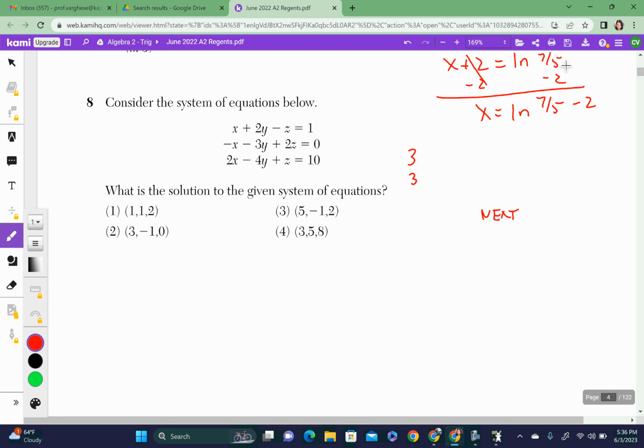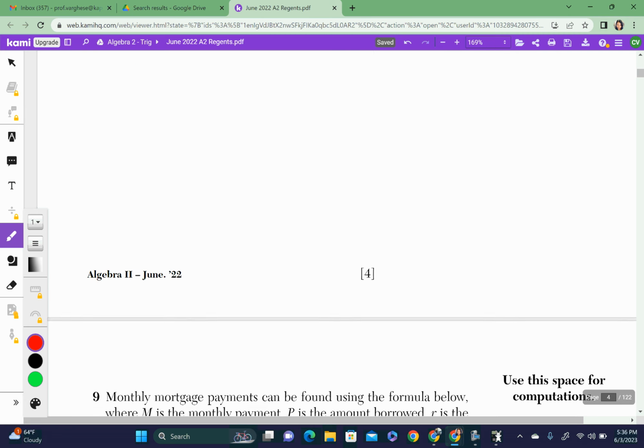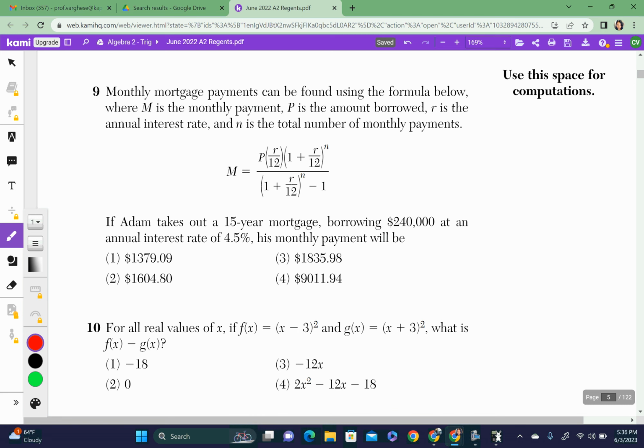And then you plug in the coefficients here: 1, 2, negative 1, 1, and so on and so forth. You'd plug that in and see that 3, negative 1, and 0 are going to be your solutions. The first one is x, second one is y, third one is z. And again, if you get stuck with that, please call me over so I can explain that to you.